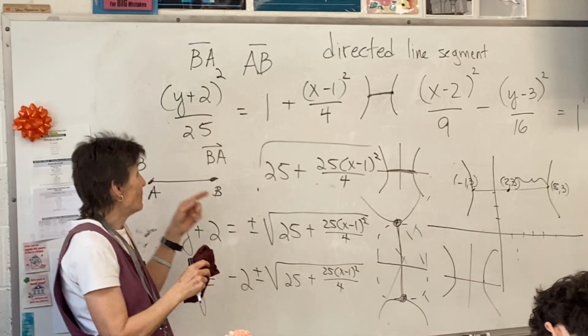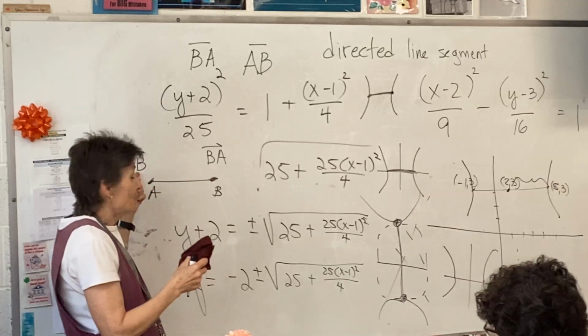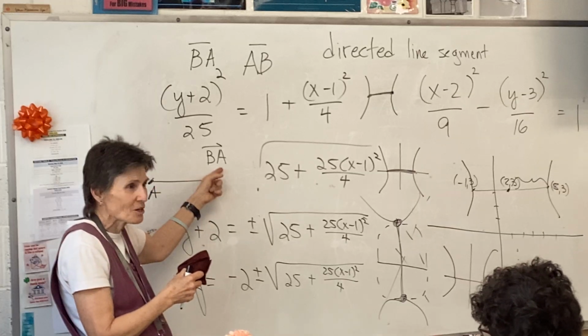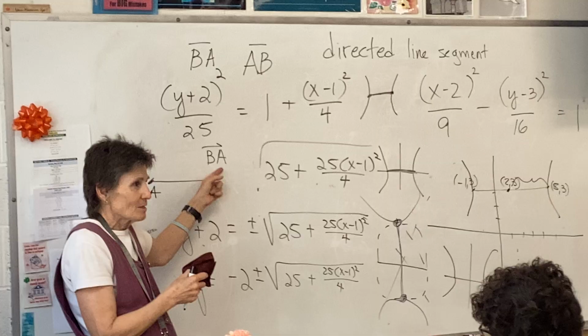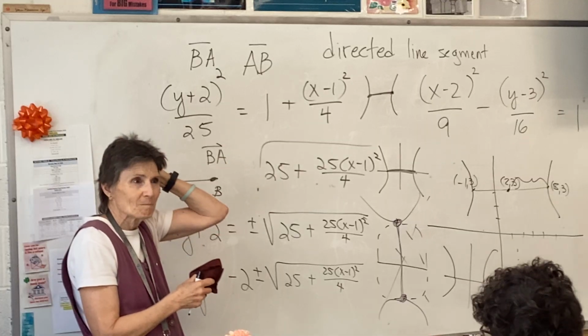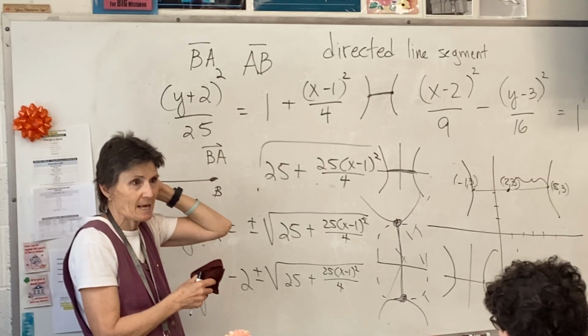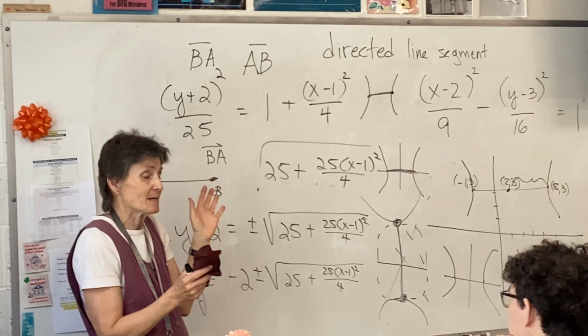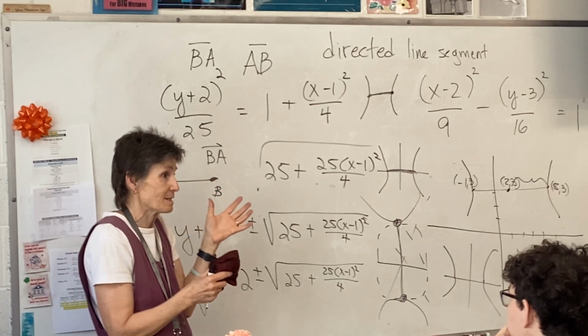Yes, but think of it as like, this one's going east and this one's going west. So the directions are different, but the magnitude or length is the same. In a line segment, it doesn't matter which order it is.